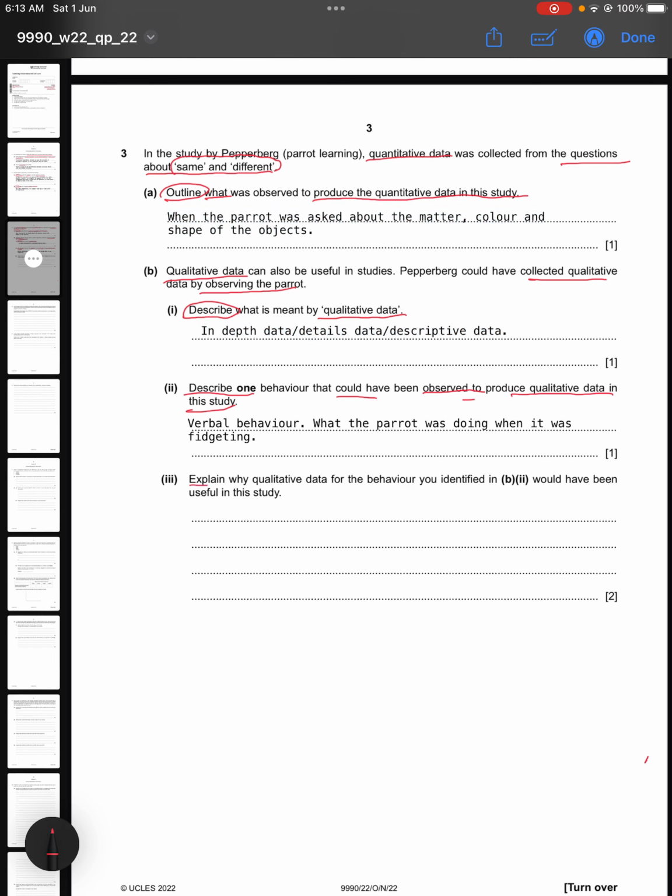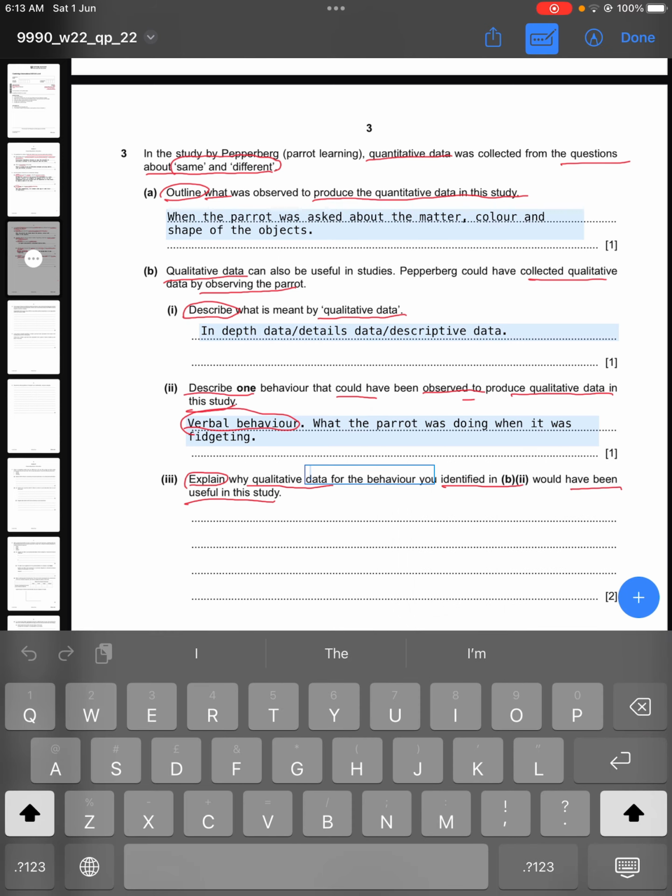And then part 3 says explain why qualitative data for the behavior you identified in B2 would have been useful in this study. So let's say I'm going for verbal behavior. So why observing the verbal behavior would have been useful?